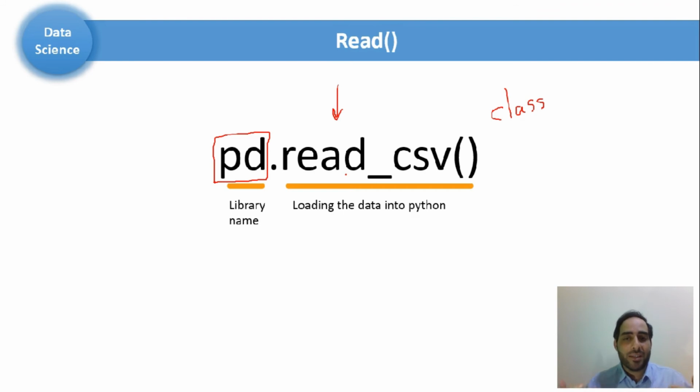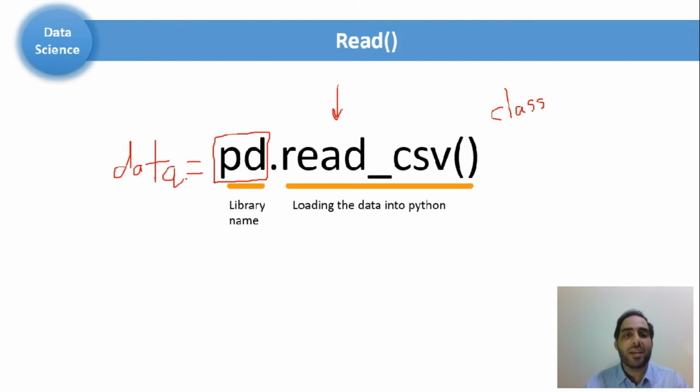Read underscore is a class which has a lot of different functions inside. What is the meaning? That means if I want to use any function related to read underscore, first I need to create an object. Let us assume I will call this object data.